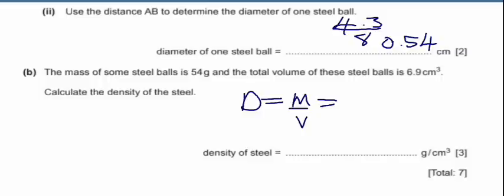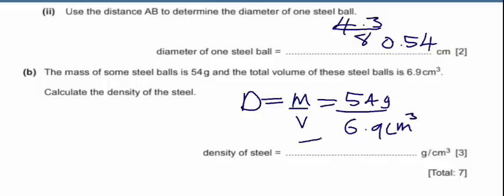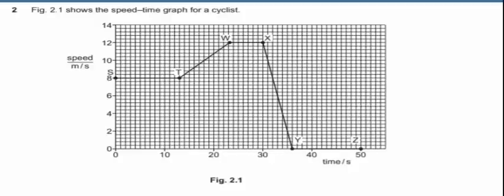So the mass here is 54 grams divided by the volume, which is 6.9 centimeters cubed. When I divide, I'm going to get 7.8 approximately. At the end here, they have included the units for us, so there is no need for us to include the units. Let's see the next question.